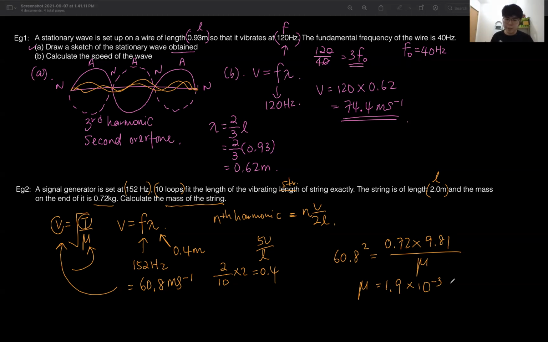Now, don't forget this one. This one is kg per meter. So to find the mass, you times by the length. 1.9 times 10 to the minus 3 times 2 meter. So the final mass is around 3.8 gram. Change it to gram. It's a very small number.